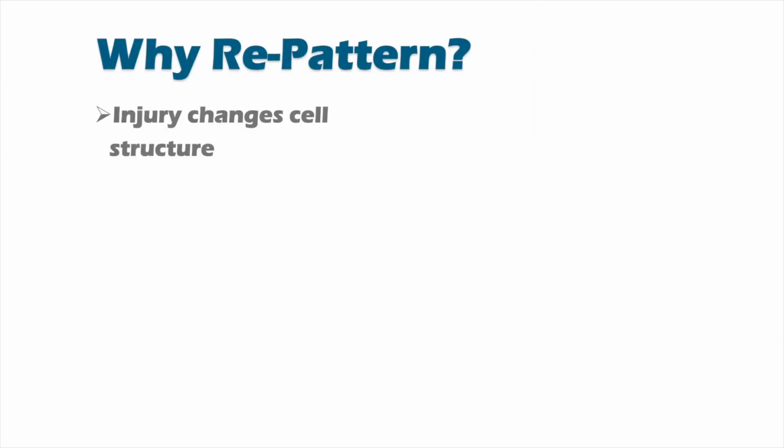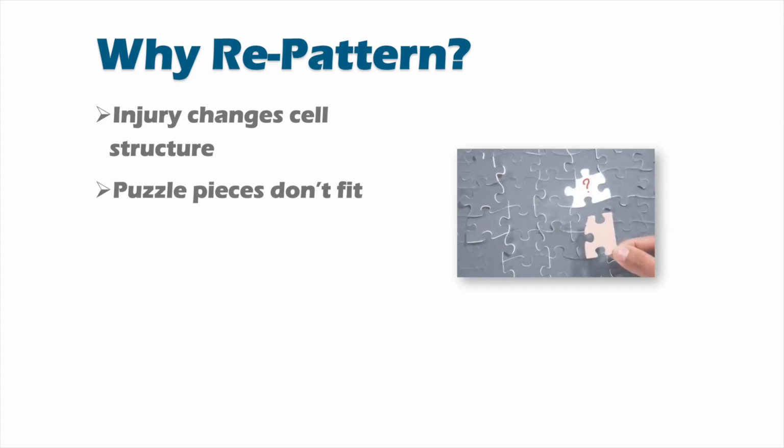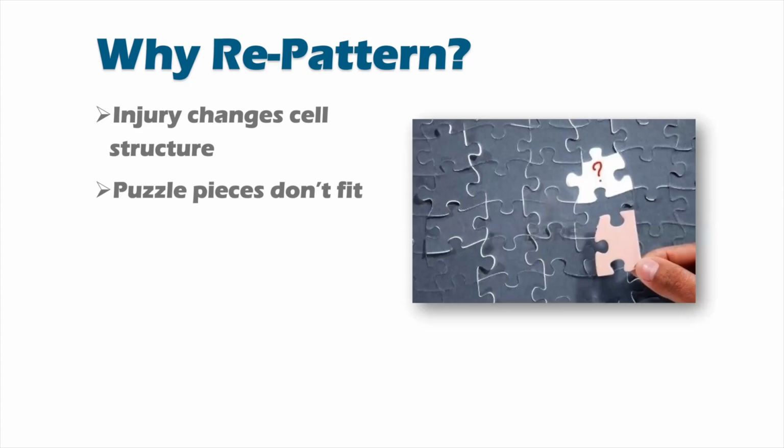Injury changes the cell structure. We know that the puzzle pieces don't fit. We have deformation of bone, and things don't function, in terms of any joint in the body. If you have injury to the hip, for example, or the shoulder, the size of the epicondyle, the condyles and the epiphyses are actually altered. We see joint degeneration happening very rapidly.